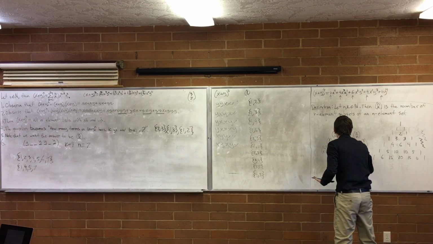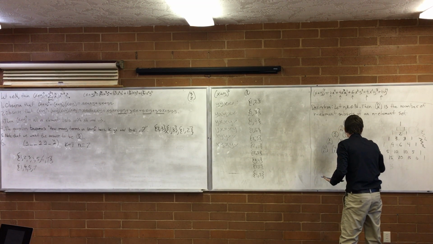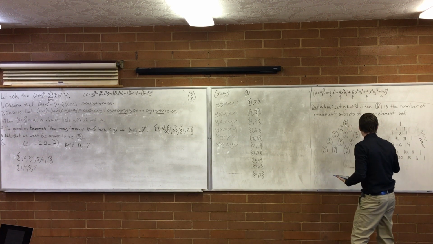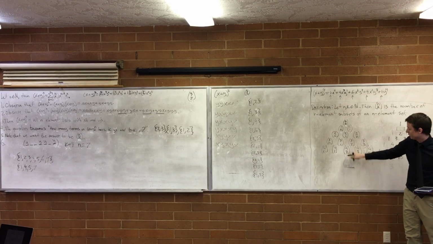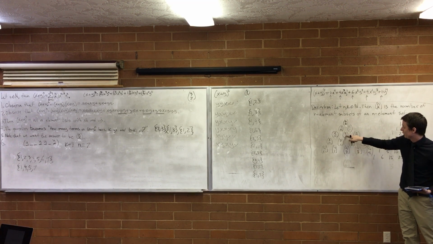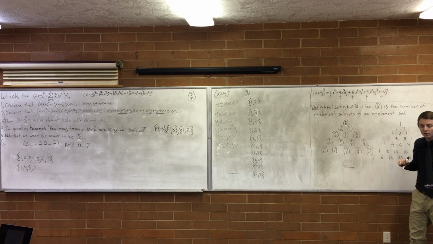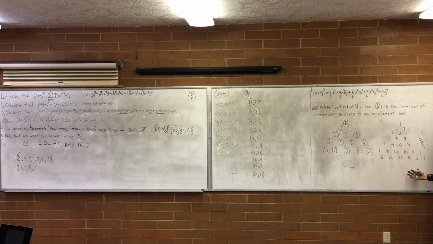4, choose 1, 4, choose 2, 4, choose 3, 4, choose 4. In other words, this is always the sum of those two. That's always the sum of those two. Right? That's exactly how you create this triangle.